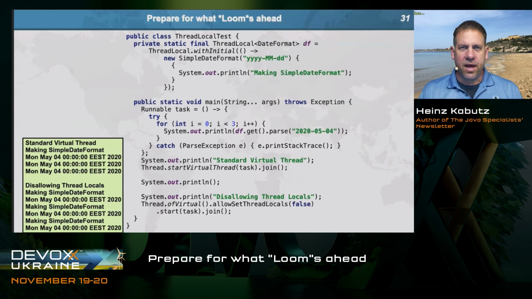And you can see if you have it on by default, then you're going to have one instance of the SimpleDateFormat. But if you make it off, allowSetThreadLocals false, then every time you call get, it's simply going to call withInitial again and make another instance. So it'll still work, but it'll be a new instance every time.